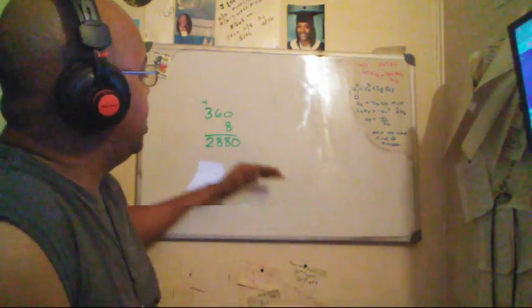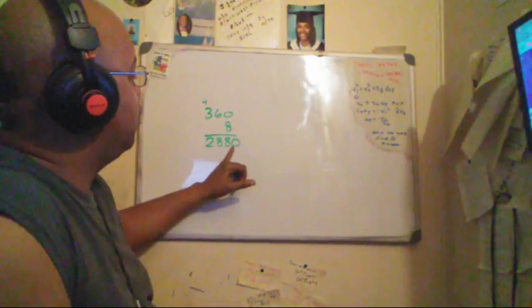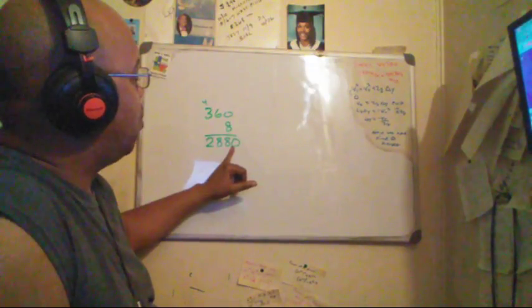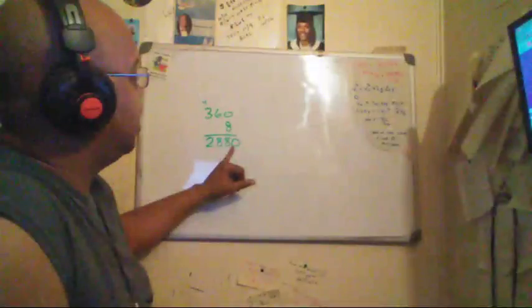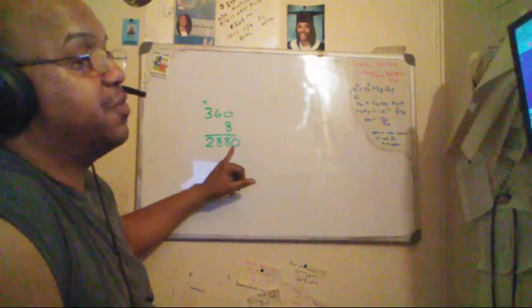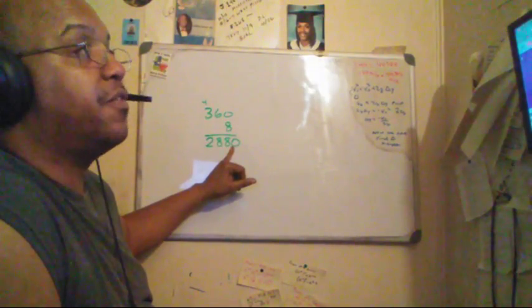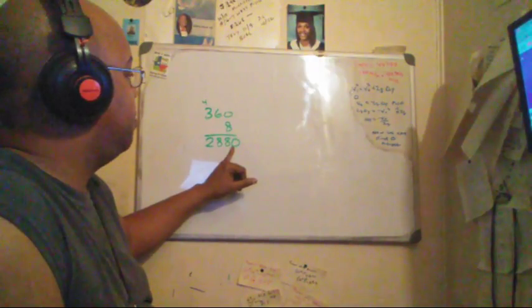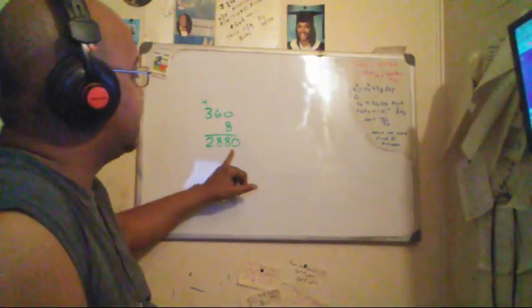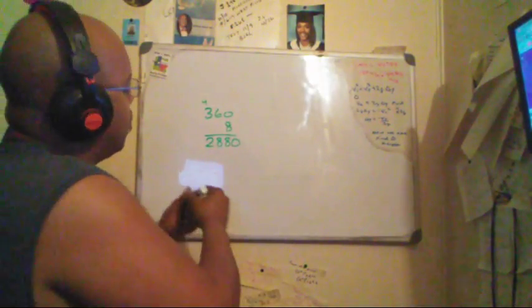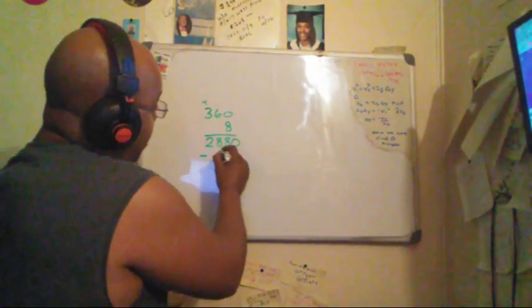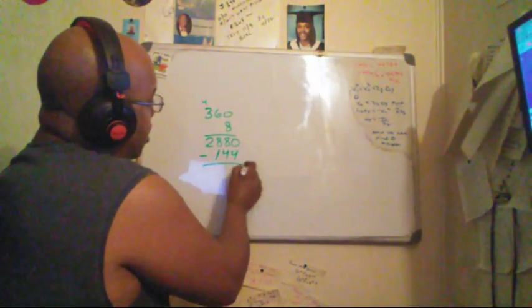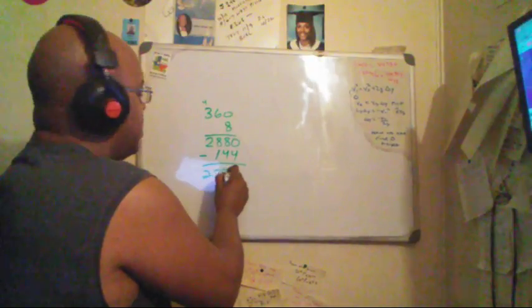All right. 5% of the switches are defective. So if I want to know 10% of any number, move the decimal over 1 space. That would give me 10%. Half of 10% is 5%. The number of defective switches is 144. All right, so if we subtract 144, which is the 5%, you should get 2,736.